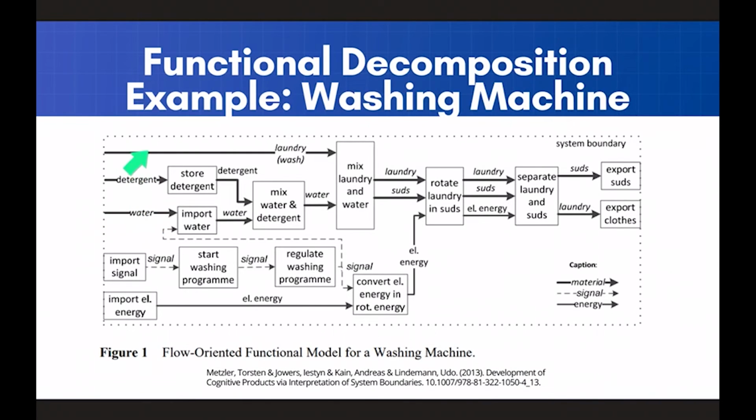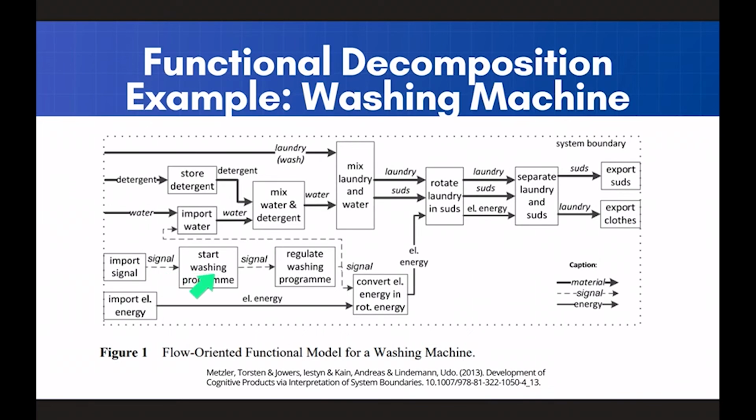So it is symbolized by a thick straight line. Then for signal, let's say from input signal, this is the sub-function, and input signal means that the flow is a signal. So we represent it with a dashed line here.